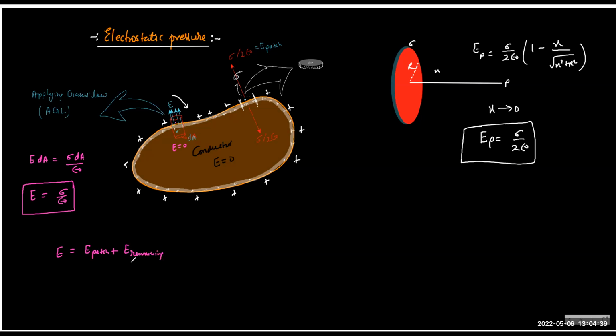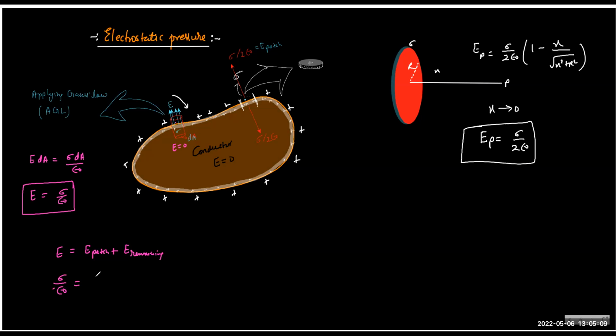I'm dividing the entire contribution into two parts: one, the contribution due to the surface just below it, and the other, the contribution due to the remaining surface, and the answer is the net value, which is E. So we got E equals sigma by epsilon naught, and we have seen the value of E patch.